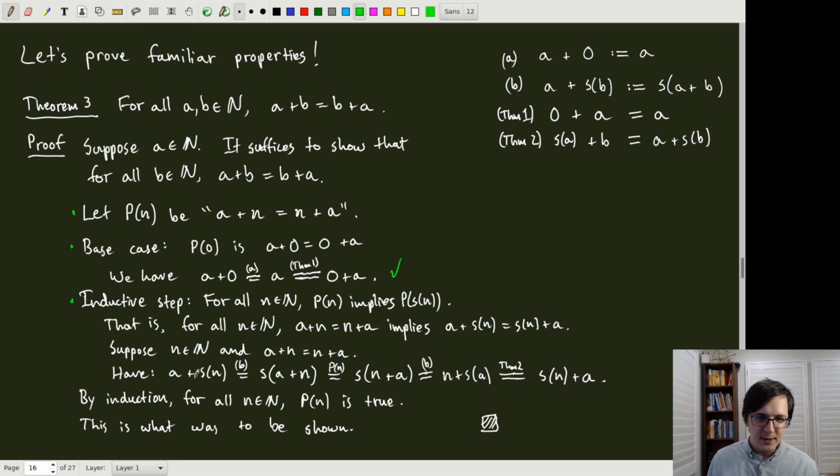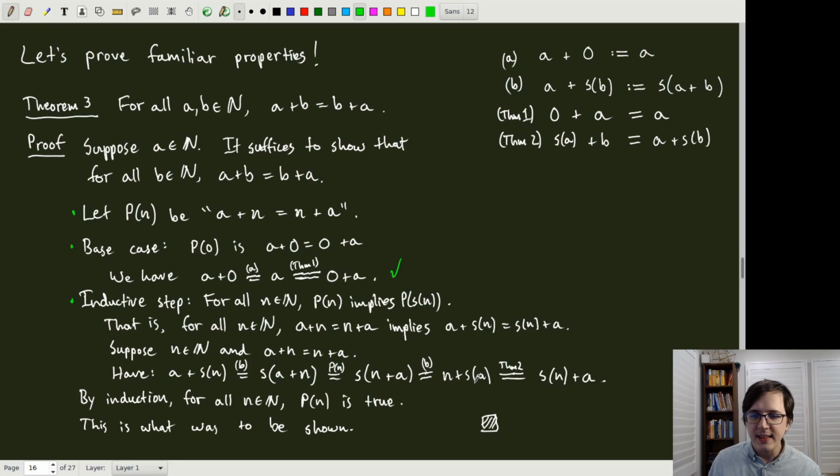We can do this equationally again. We start with the left-hand side, and we apply B to pull the S out, and then we apply our hypothesis to commute the addition on the inside of that S. Then we apply definition B to push the S to the end of the expression.